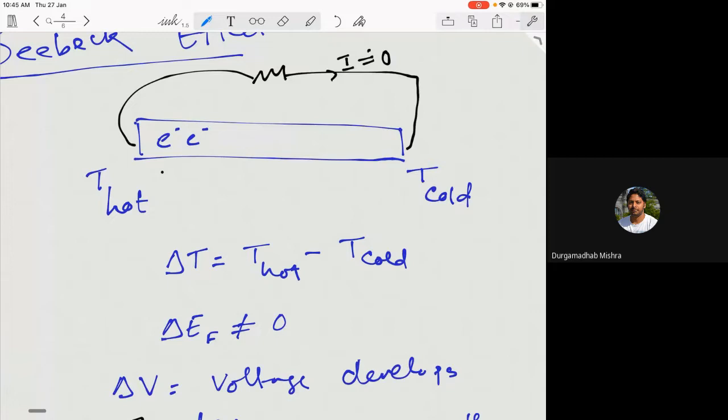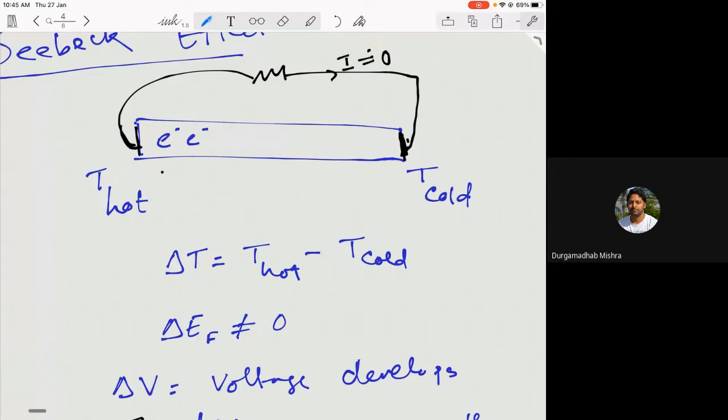I will be equal to 0 if you connect these two ends, because although there is a potential difference, when you connect this end to the other end by an external circuit, you are creating junctions.